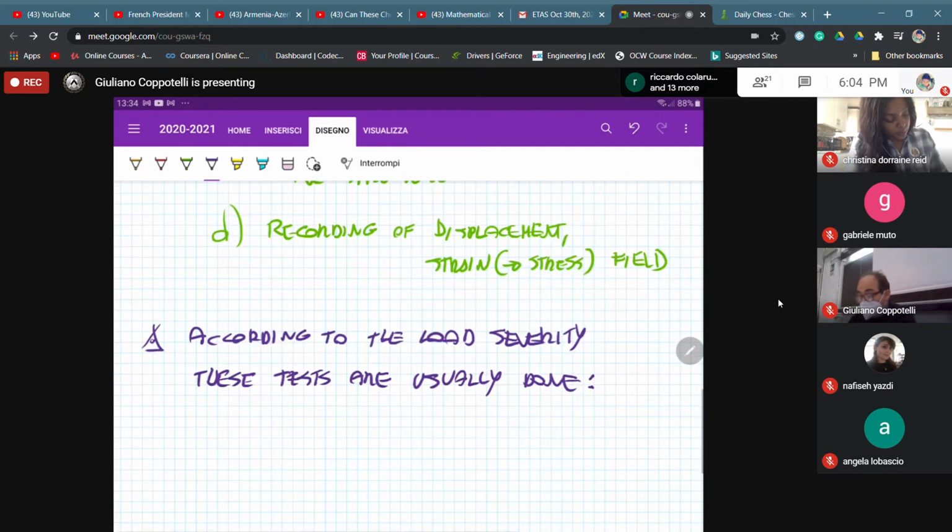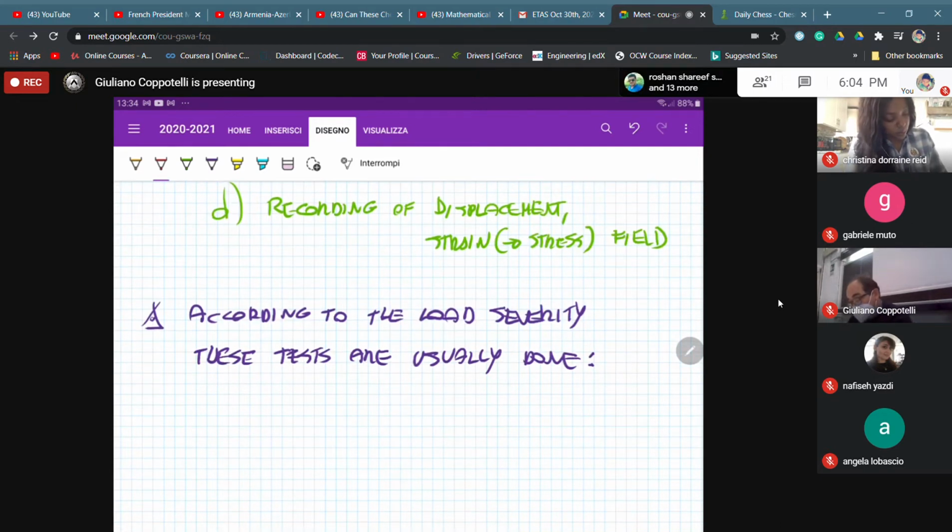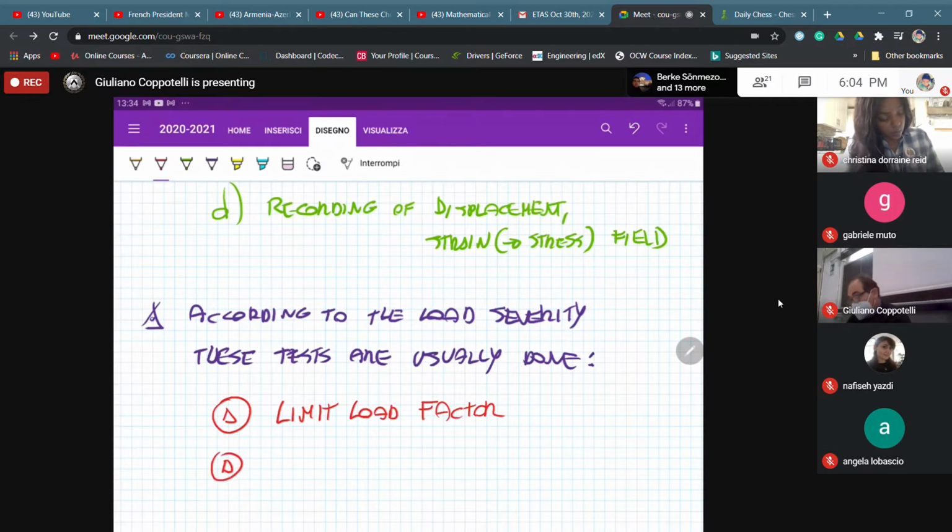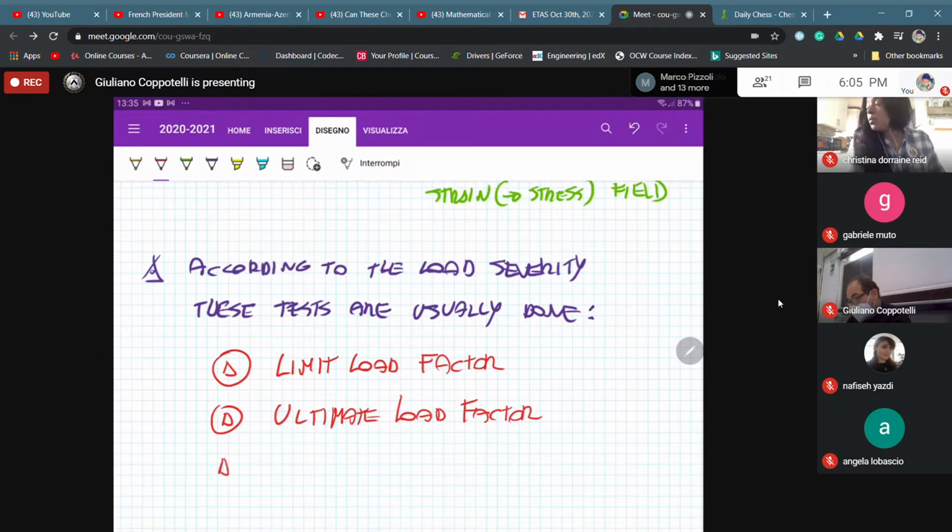And that is the goal of our analysis. The first one is called the limit load factor. The second type of test is the ultimate load factor. And the last one is the failure loads.